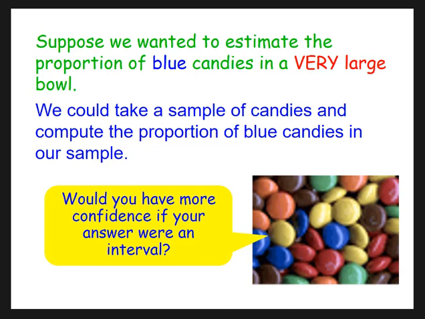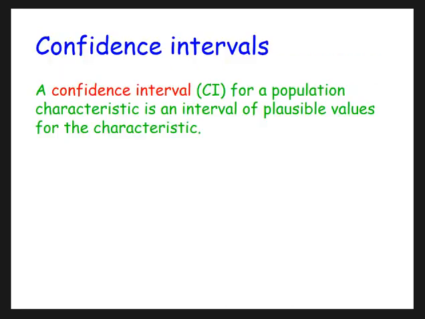We know that point estimate could vary based on that bell curve of our sampling distribution. We would be more confident that we have an estimate of our true population parameter if we were to give a small interval and say we think it's within this interval, rather than saying we think it's at this single number. That's the idea of confidence intervals.